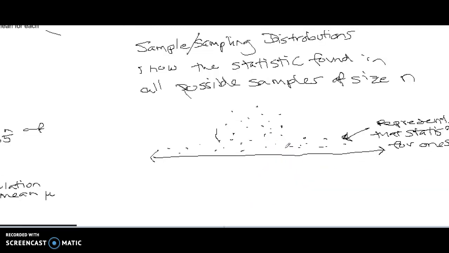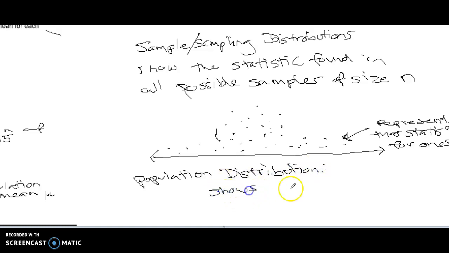This is different from a population distribution, because a population distribution is going to show everybody. And that is 7.1.